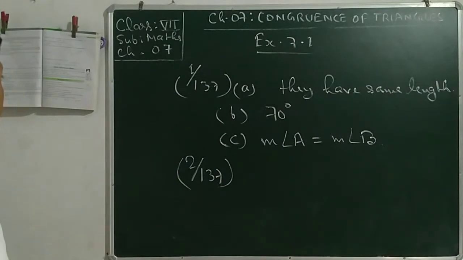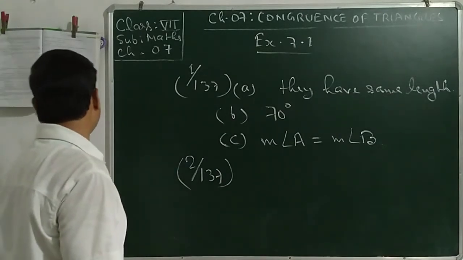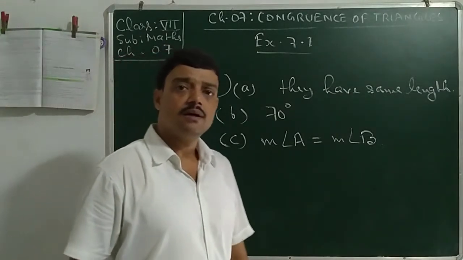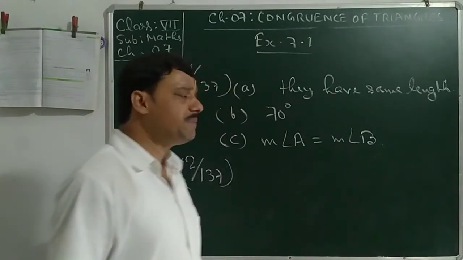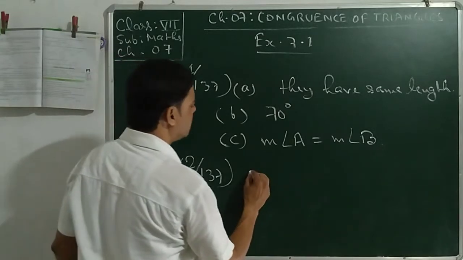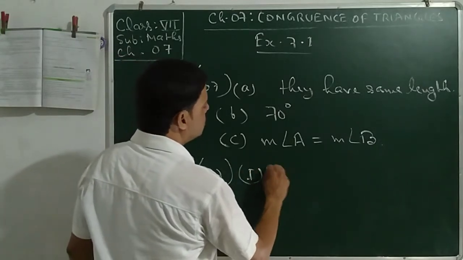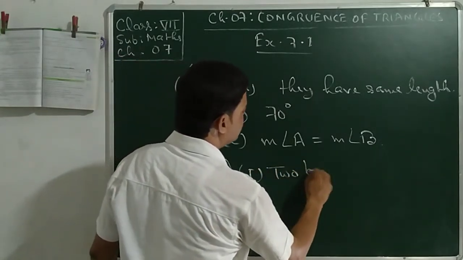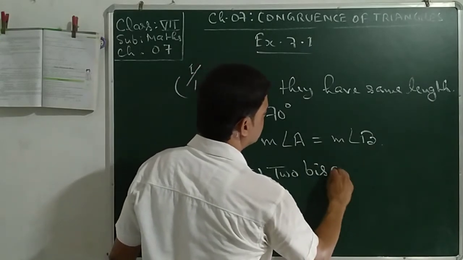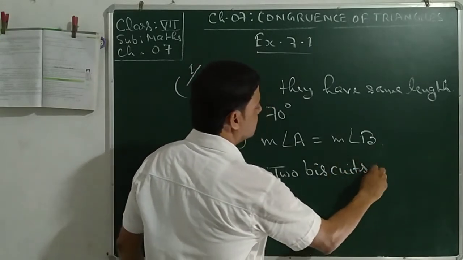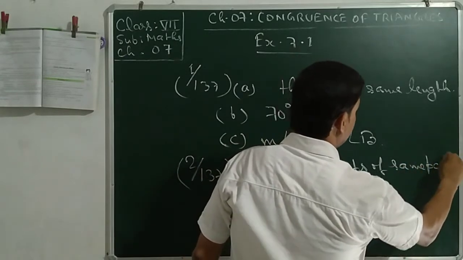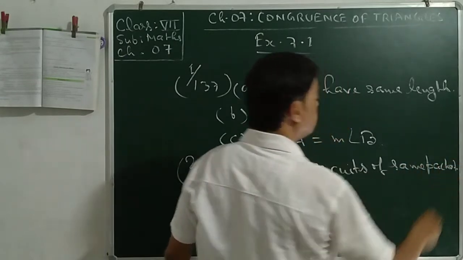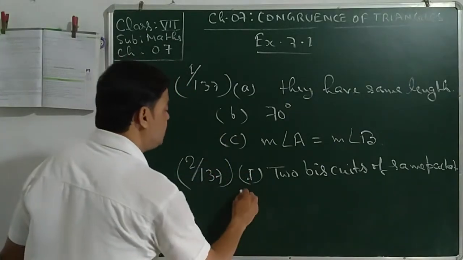Give any two real life examples for congruent shapes. For congruent shapes, I can find simple examples. Number 1, two biscuits of the same packet. If you take two biscuits of the same packet, you will realize that both of them are congruent to each other.